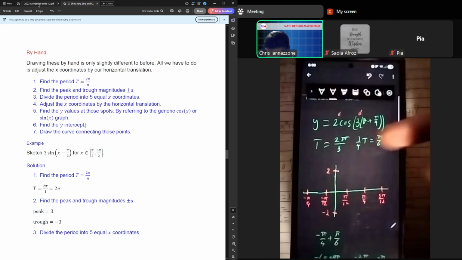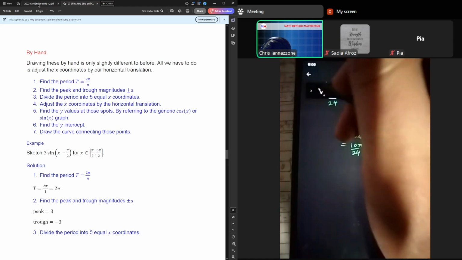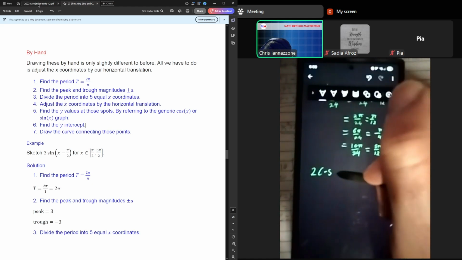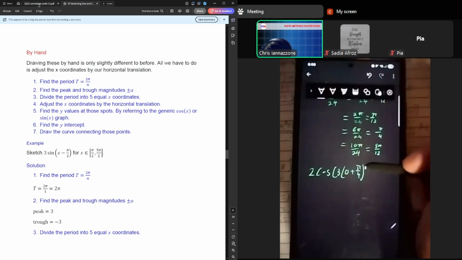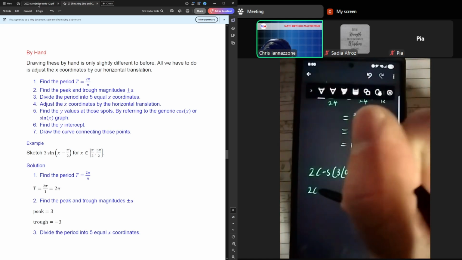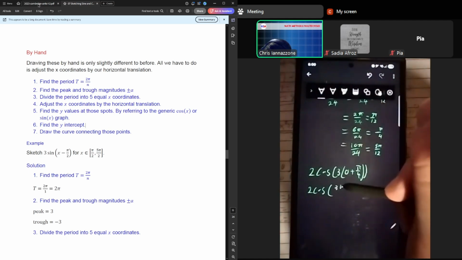So what that would end up looking like, it was 2 cos 3, 0 plus pi on 4. 2 cos 3, 0 plus pi on 4. That's going to give us 2 cos pi over 4 times 3, so 3 pi over 4.